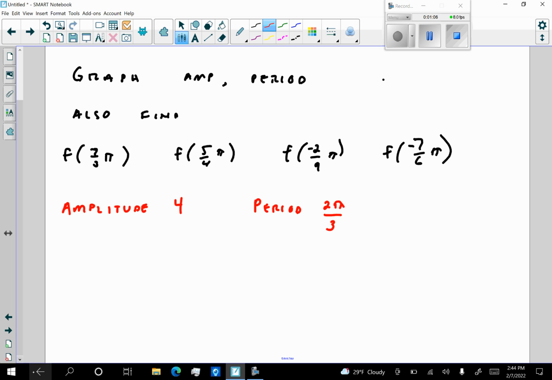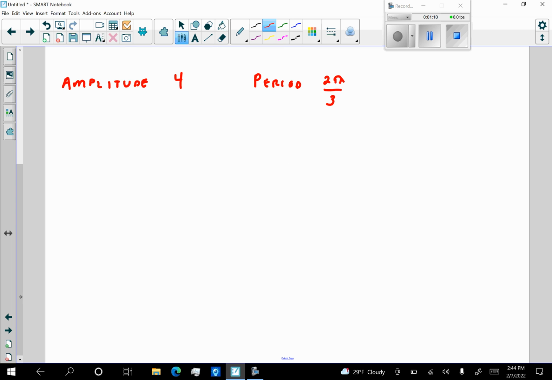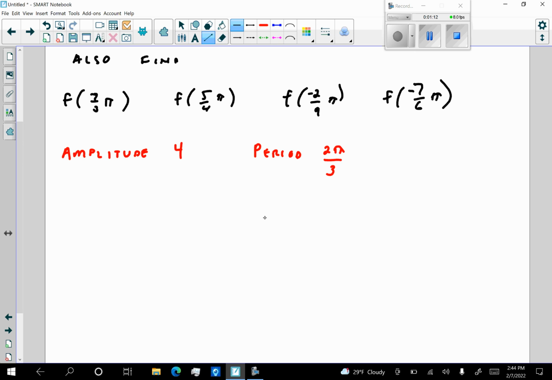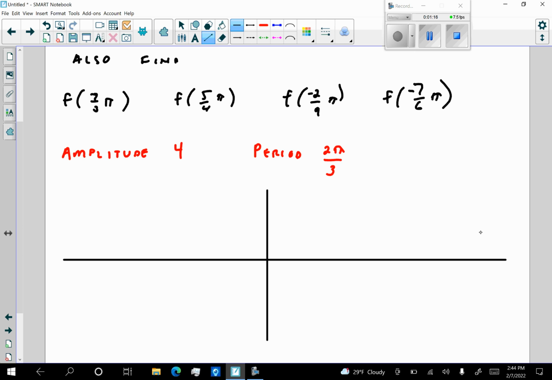Alrighty? So let's get a little extra room down here. And I'm just going to label some x values here. I'm going to go out here and just do halves again.